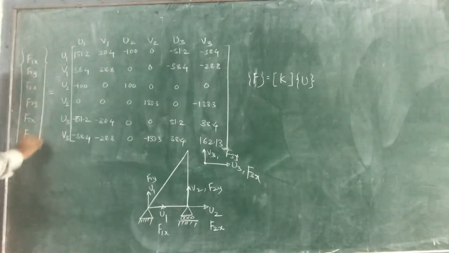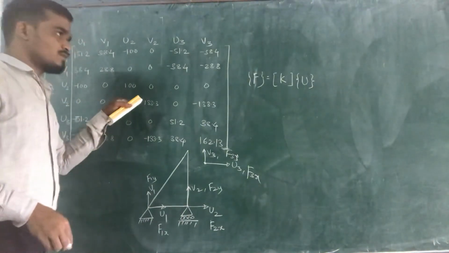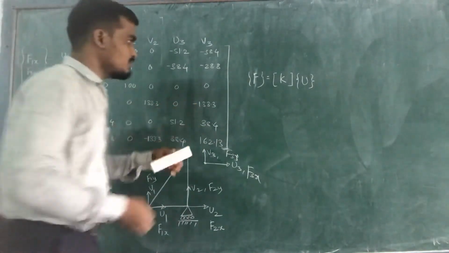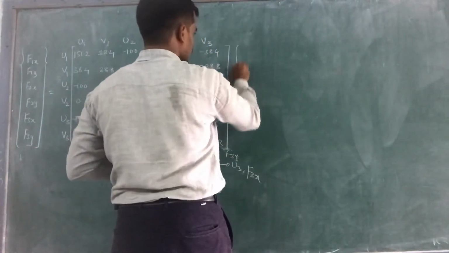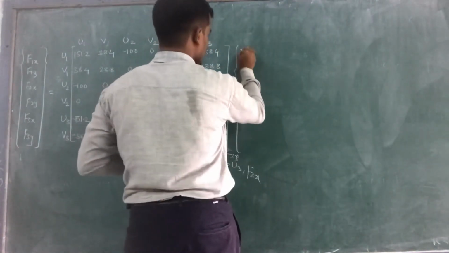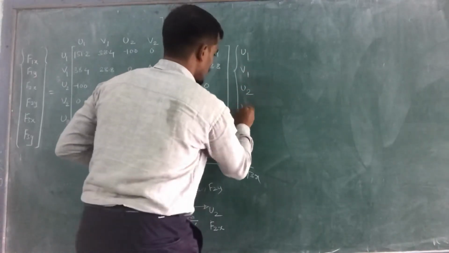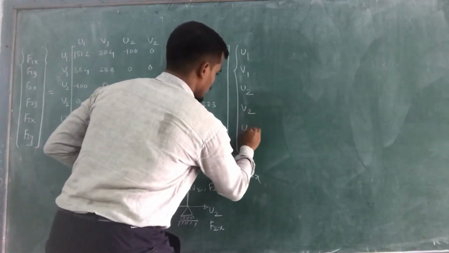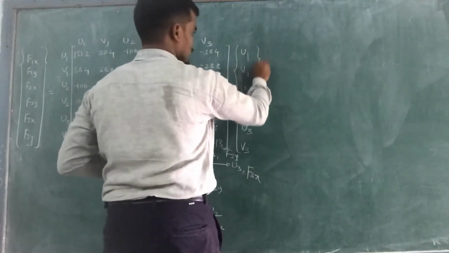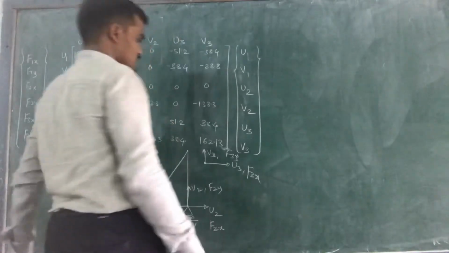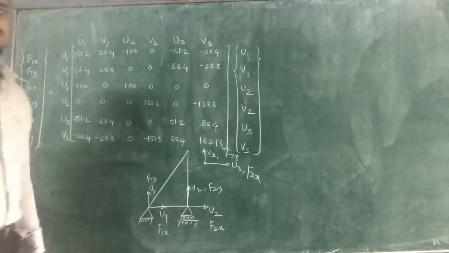This is your force vector, equal to the global stiffness matrix into the displacement vector: U1, V1, U2, V2, U3, V3. Okay, so in this way you can write your force and displacement relationship.